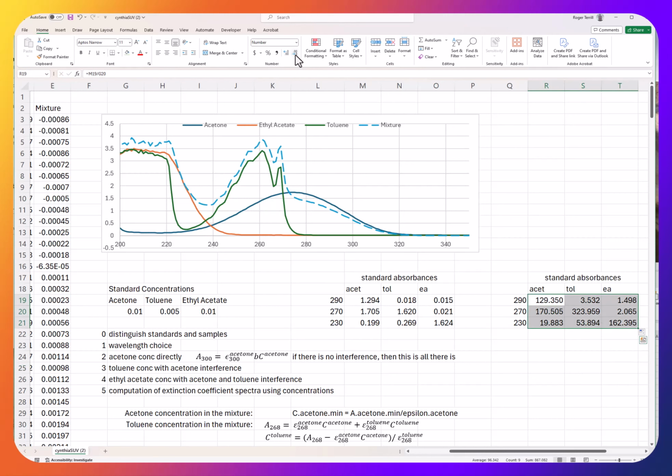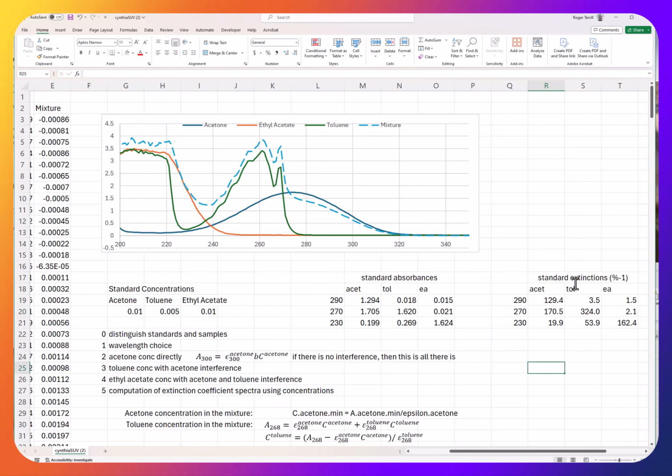Get these sig figs under control. And this is no longer absorbances, this is extinction coefficients. And this is percent, reciprocal percent, right?